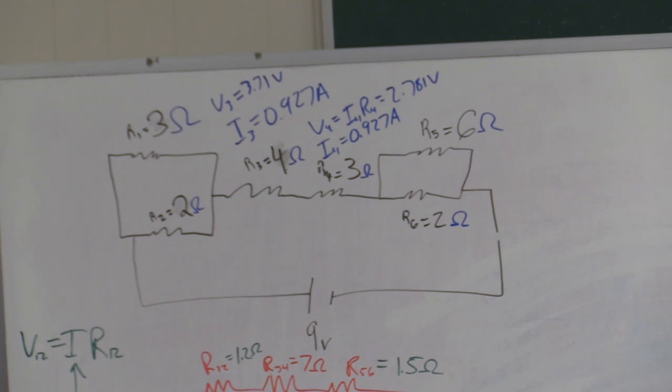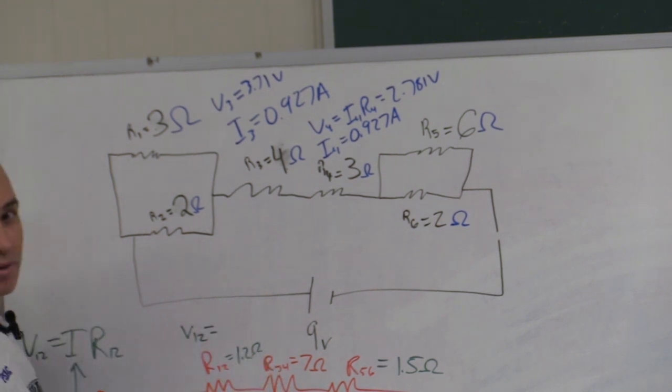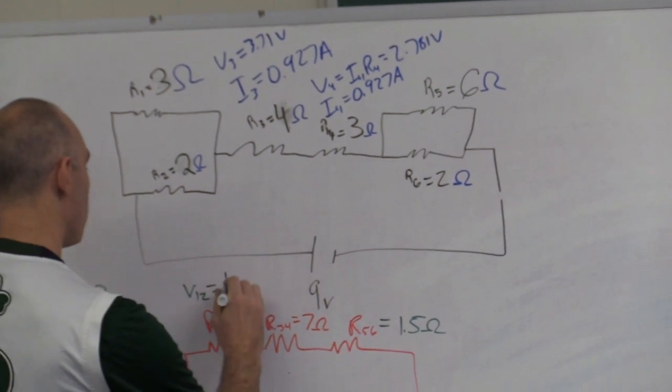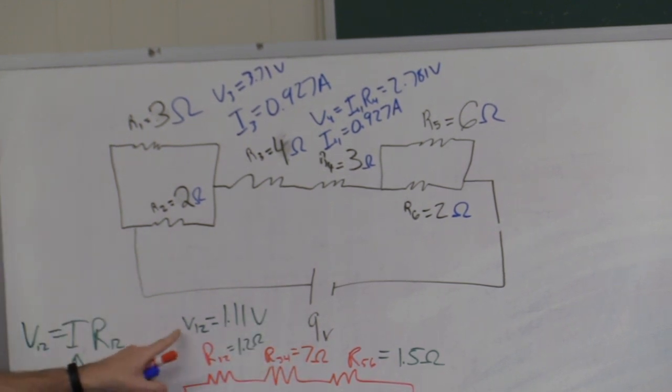Okay. What is that? I is 0.927, R is 1.2. What is the voltage drop? V12, you've got to say it louder, I'm sorry. 1.11 volts. There's a 1.11 voltage drop from here to there.